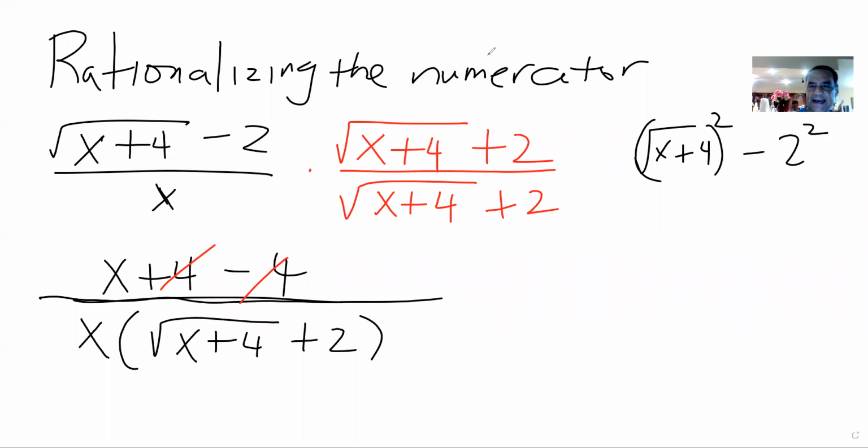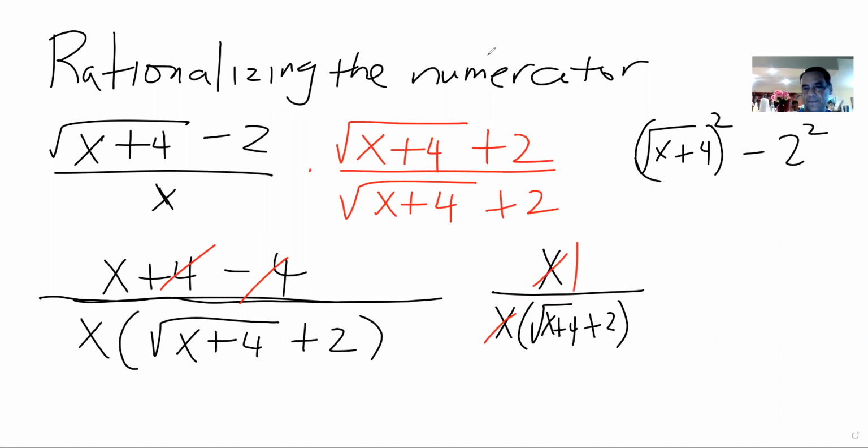You're going to be left with x over x times the parenthetical expression. Now the x over x becomes 1. And you might want to note that it really becomes 1. You don't just cross it out. Now you also need to realize that I crossed it out because it wasn't factored.